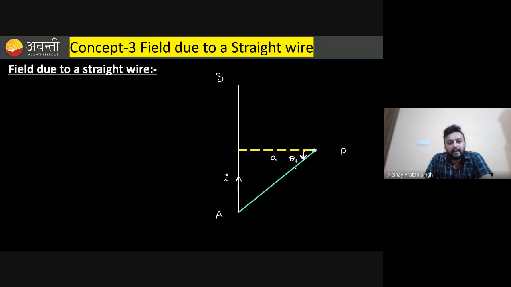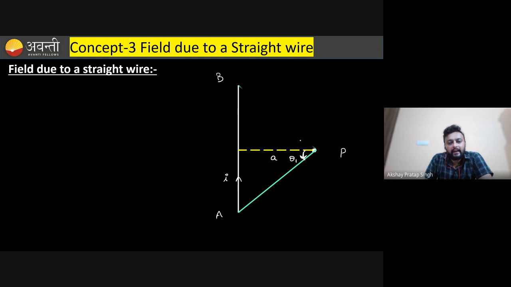And the end B makes an angle theta 2 in the clockwise direction. So what is the magnetic field at point P?